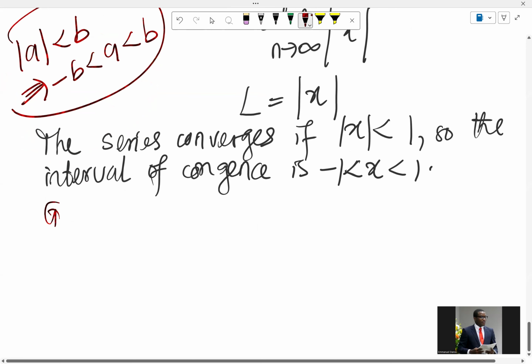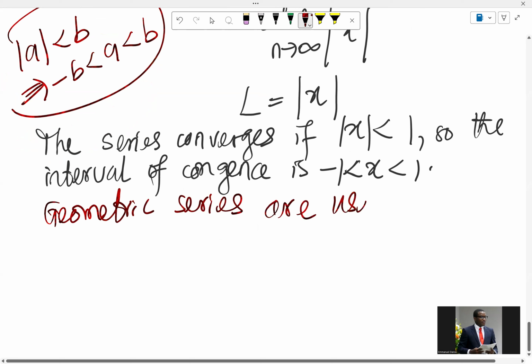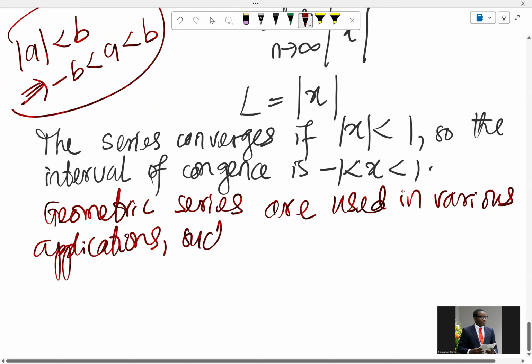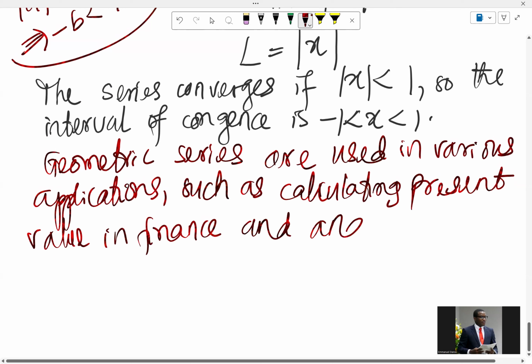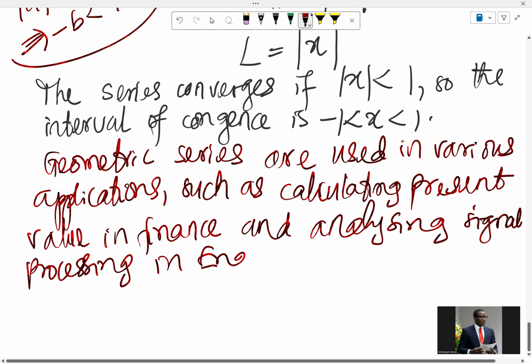Geometric series are used in various applications, such as calculating present value in finance, and analyzing signal processing in engineering.